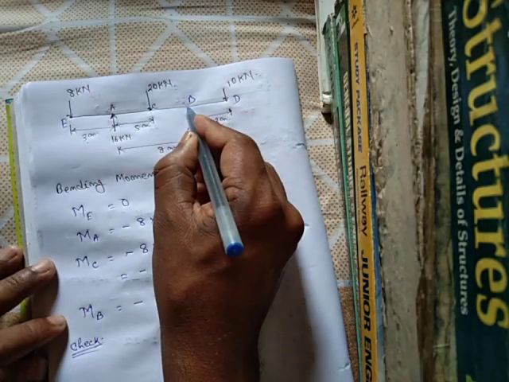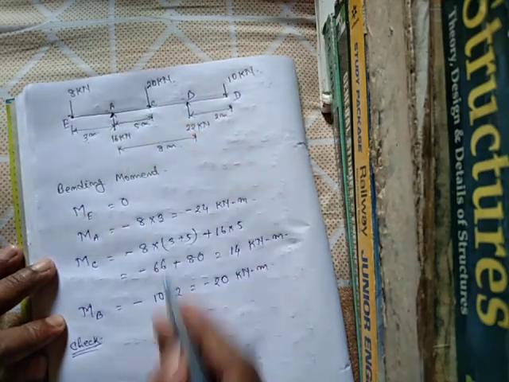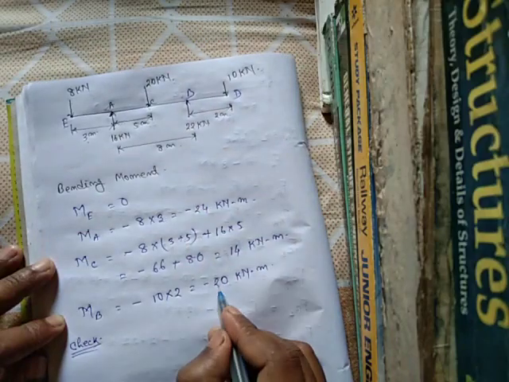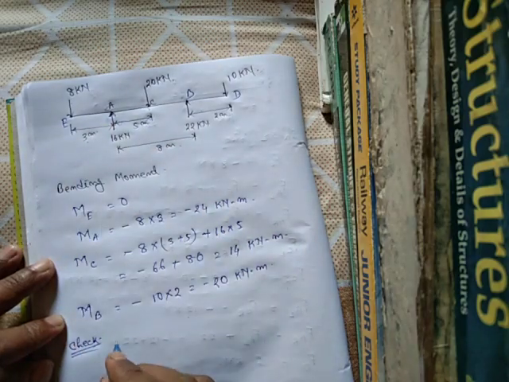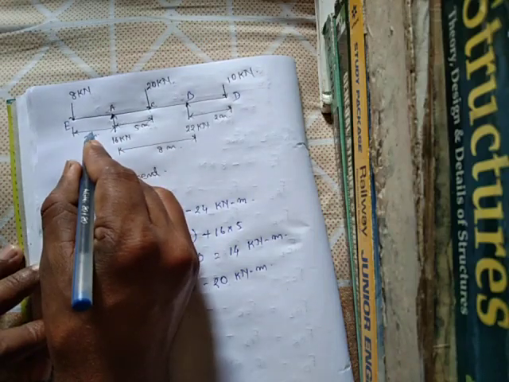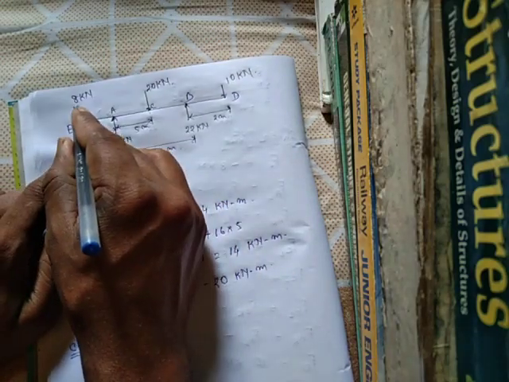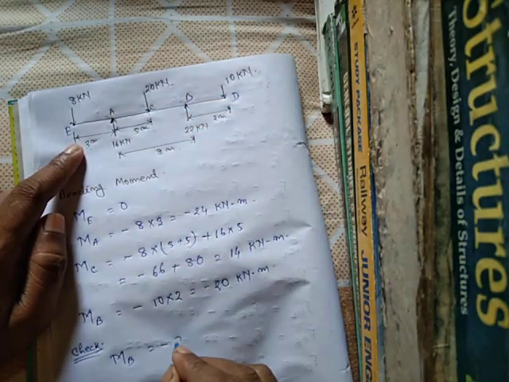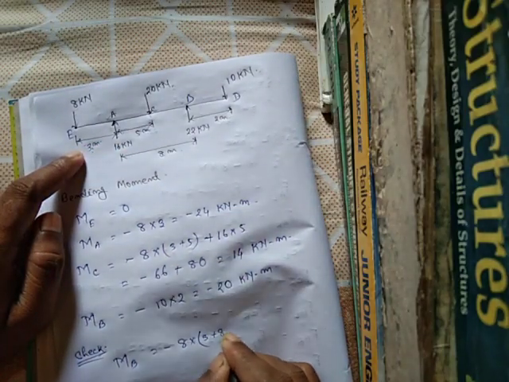Bending moment at point B by this load, this reaction force, and also this load should be minus 20 kilonewton meter. For 8 kilonewton, perpendicular distance is 3 plus total length support to support 8, that is 3 plus 8, anti-clockwise moment, so minus 8 into 3 plus 8.